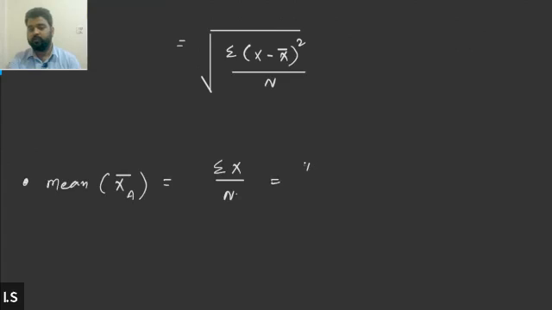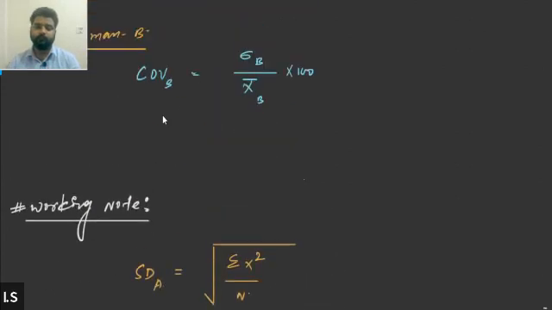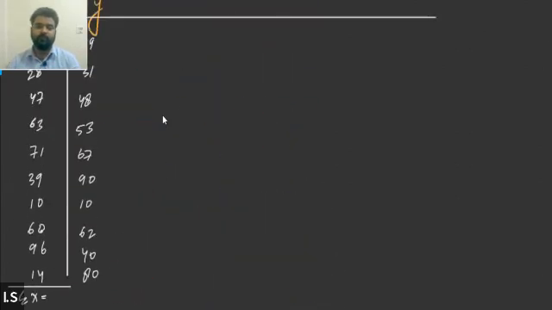So 460, we will divide by 10. So the mean runs scored by the first batsman will be 46. Okay, now we will be able to calculate the deviation of the first batsman. Is this clear to you, Alexander? Yes, sir.